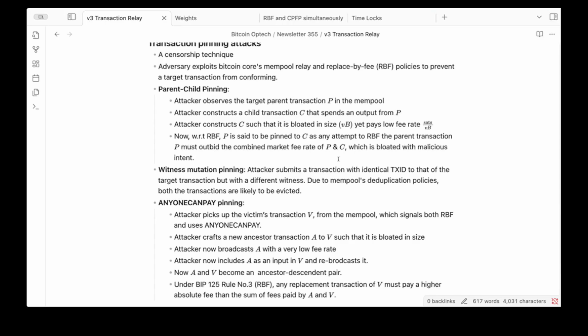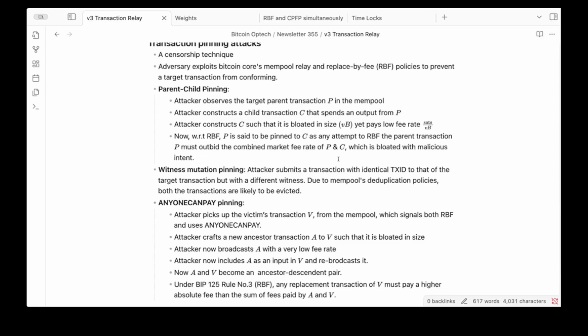Now if the parent is trying to RBF his own transaction, he has to pay a replacement fee that is more than the cumulative or combined fee of the parent and the child. Remember that the child is not a genuine transaction.